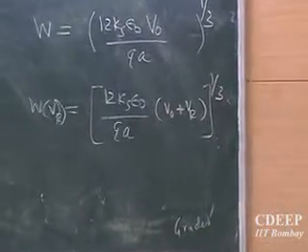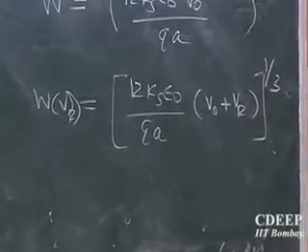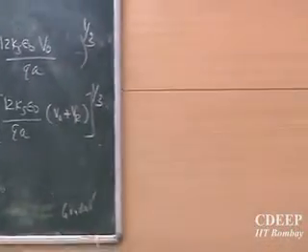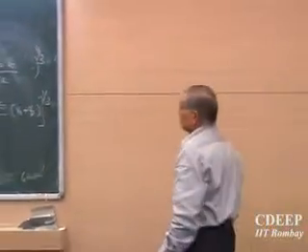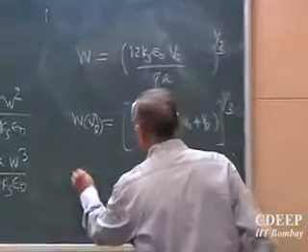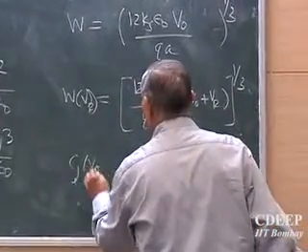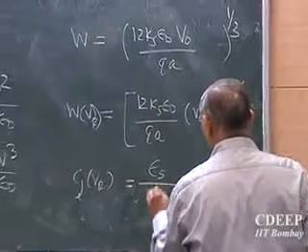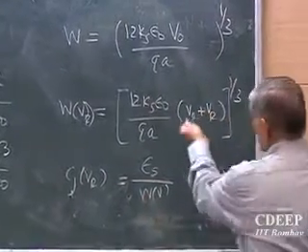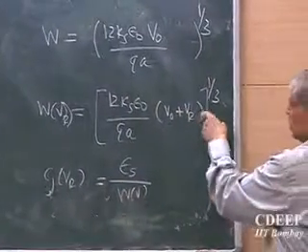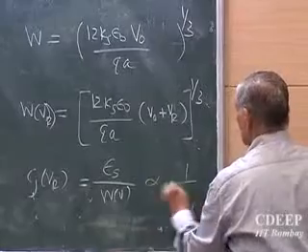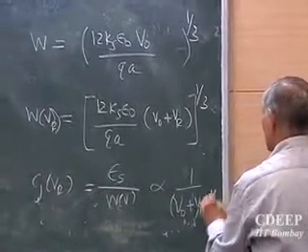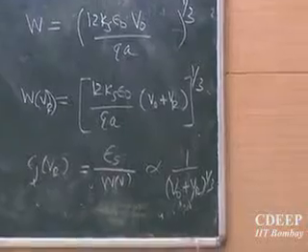So I can find now the depletion width increasing as a cubic root law, 1/3 kind of law it will follow. So now if I calculate CJV, which is epsilon S by WV, 1 upon WV is how it will show, that means it is proportional to V0 plus VR, or just VR, to the power minus 1/3.